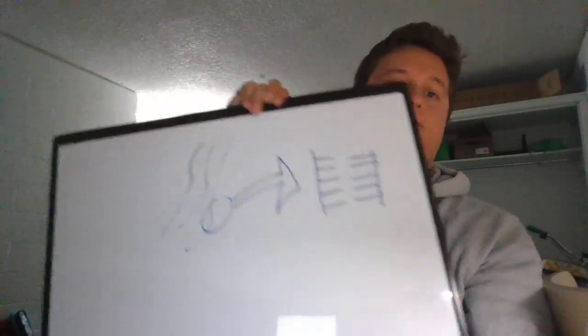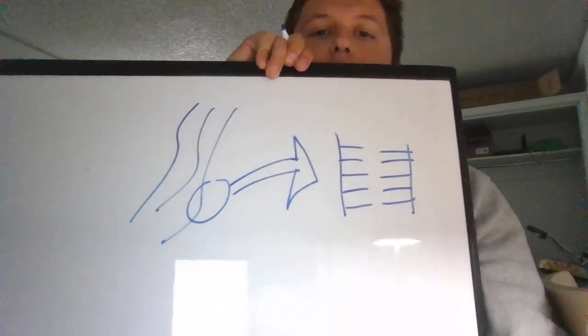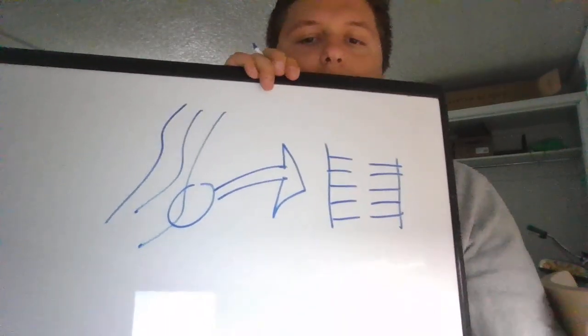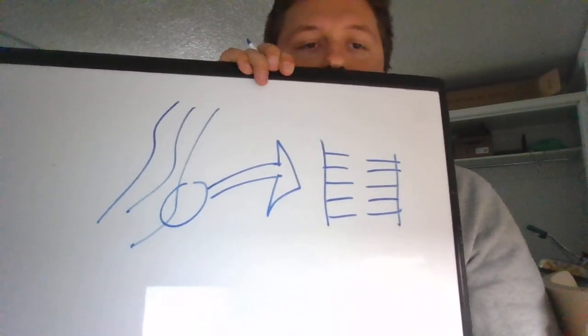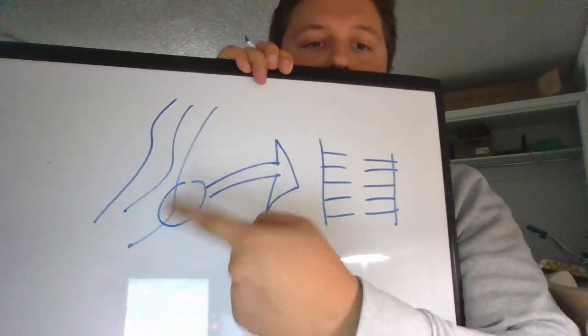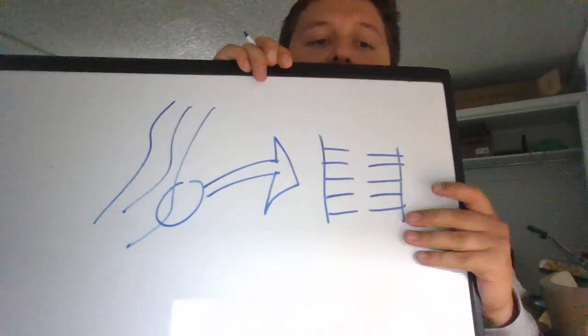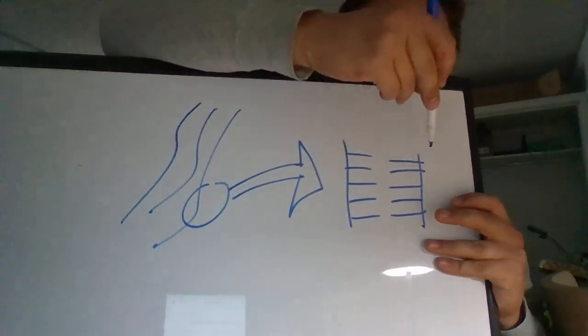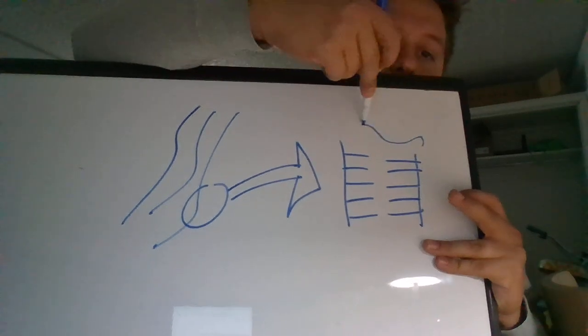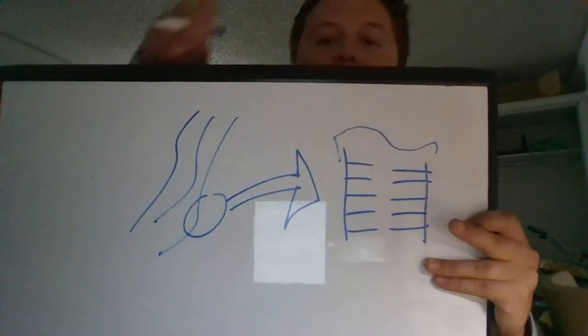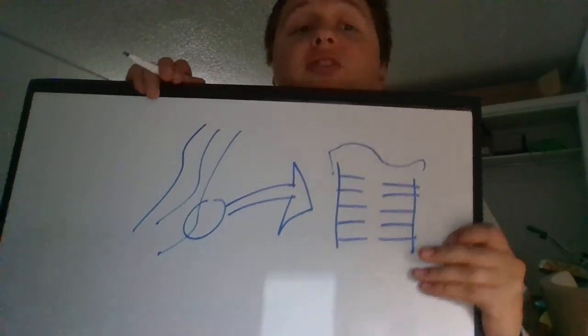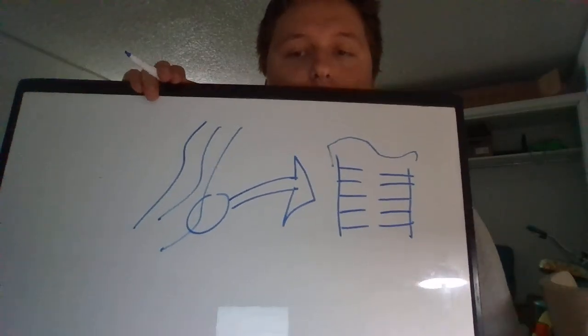This is a skeletal muscle. This is a muscle fiber, and this is a sarcomere. That's the sarcomere. It's the functional unit of the muscle fiber.